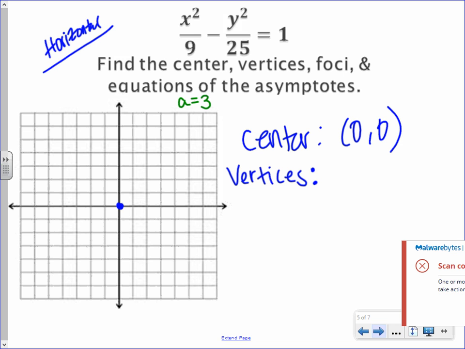We have minus y squared over 25, so B is 5. So horizontal, A is 3. We are going to go horizontally 3 from the center.